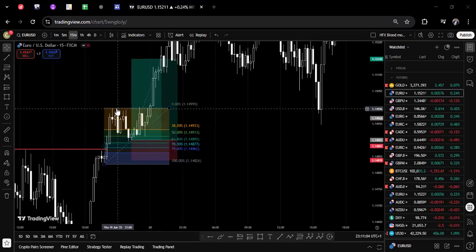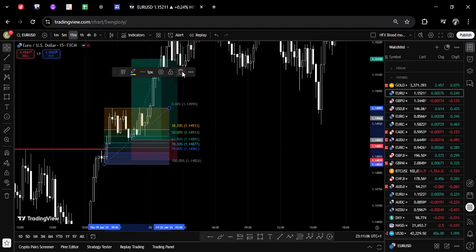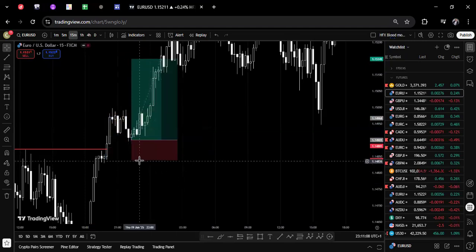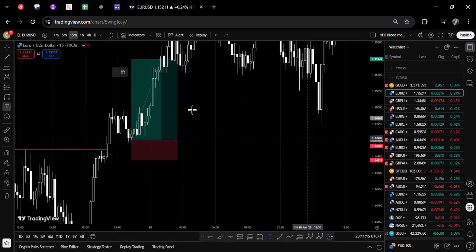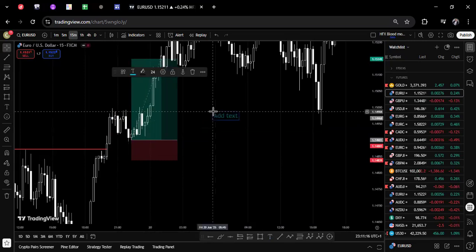With your SL here, let me delete this since we've gotten our entry. Your SL is 6.2 pips, right? So let's put it down. 6.2 pips. 0.01 lots equals, I think, 10 cents.